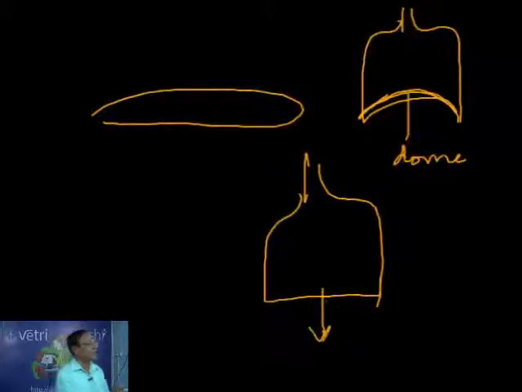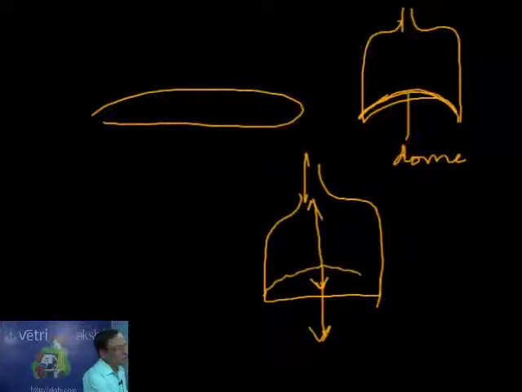As a result, there is an increase in volume of the thoracic cavity in the anterior-posterior direction. This is the original volume to begin with, and this is the volume that has been added. This is number one: an increase in volume in the anterior-posterior direction.